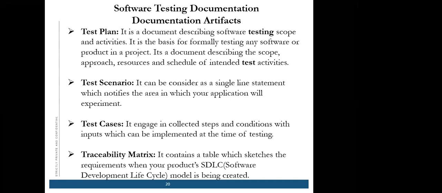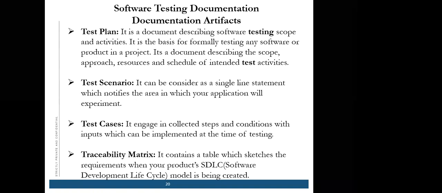So you can trace it at any point of time during your testing and check whether you are covering all the particular scenarios, and whether the SRS document or all the requirement documents are being fulfilled or not. So that is the traceability matrix. Clear? We have already covered it.